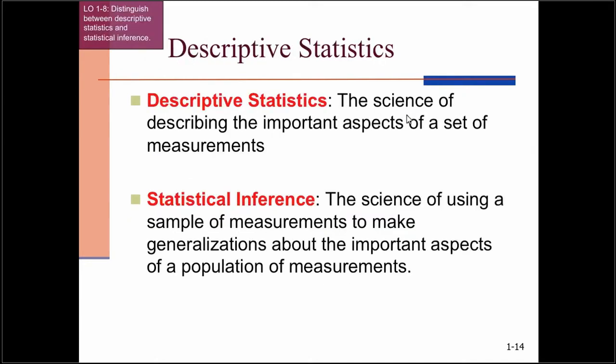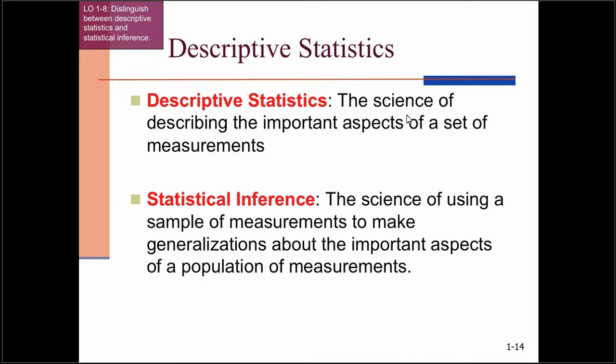Statistics in general is divided into two types: descriptive statistics and statistical inference. This is what you learned in the past. So what is descriptive statistics? It is the science of describing the important aspects of a set of measurements. And we say a set because we are not using the whole population.